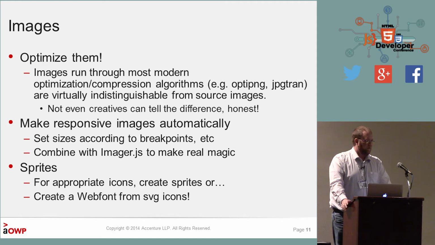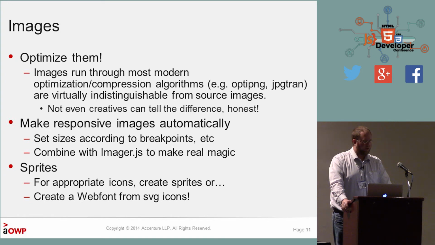And removing a little bit of image quality here and there from each image can pay huge dividends throughout the application. And then taking a little bit more of a radical approach, making responsive imagery automatically from the larger sized images. So if you have desktop sized images and you want to make the tablet, phone, landscape, what have you, image sizes, you define your sizes.